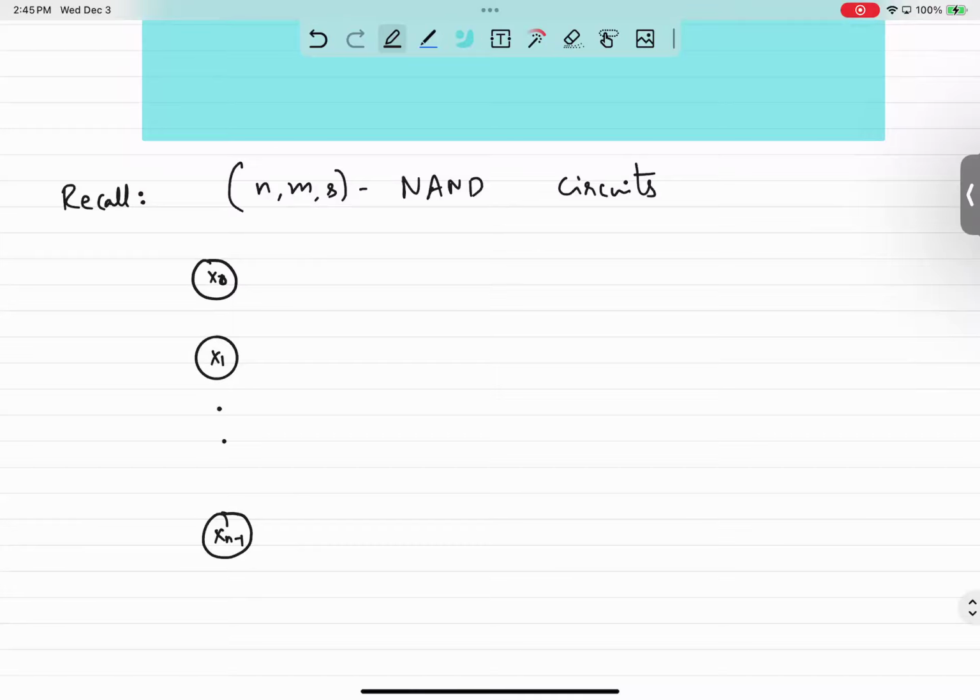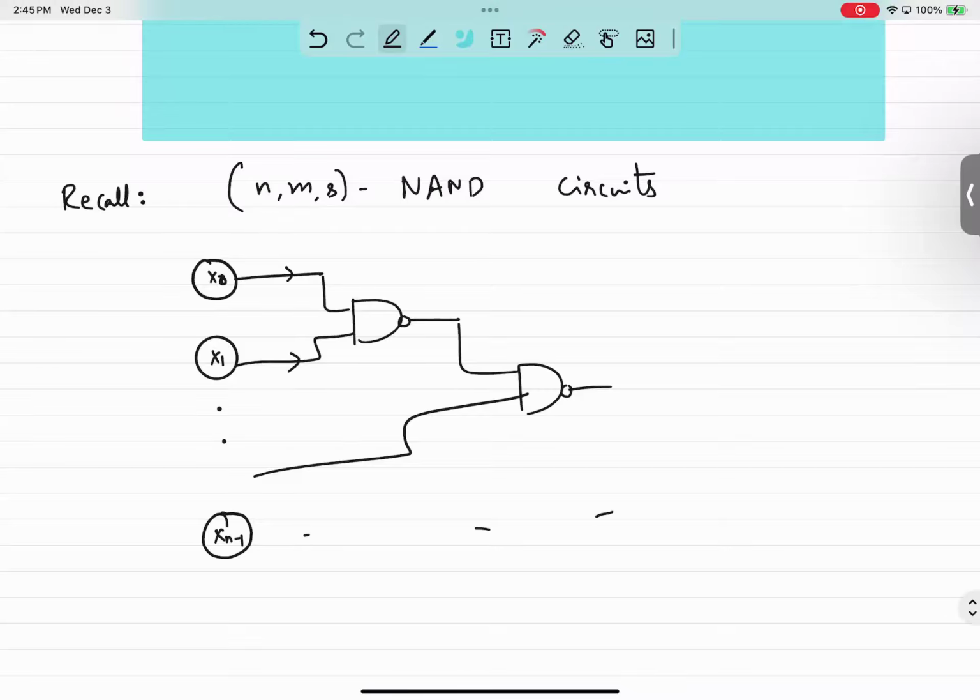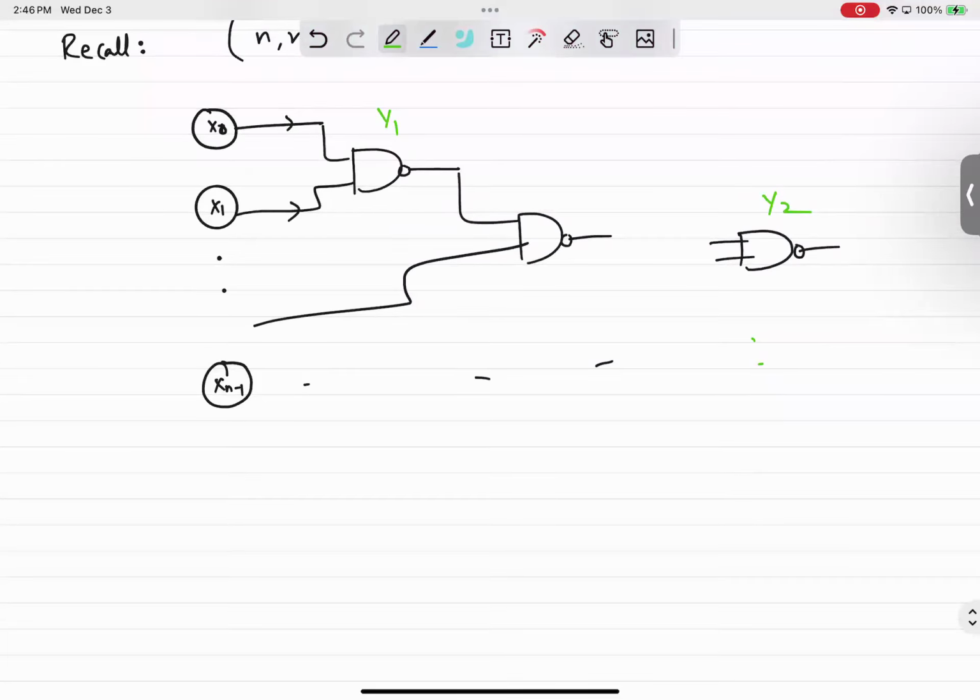And then you had S gates. And then some variable names. And this was y1, maybe this was y2, and so on. So a NAND circuit was basically a directed acyclic graph which had S nodes in it and so on and so forth.